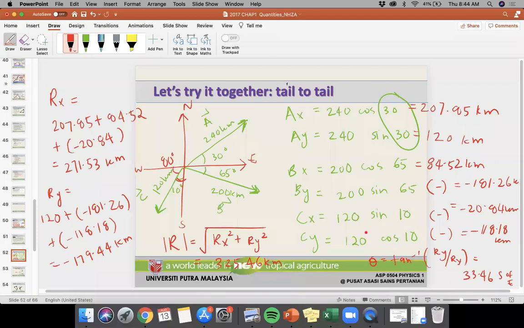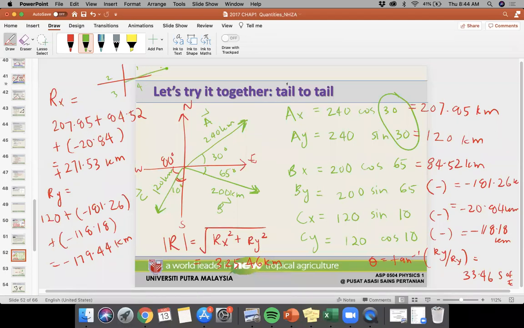Okay, so let's look back at our answer to see if it makes sense. Rx is in the positive direction and Ry is in the negative direction. If I were to draw this in the axes, which quadrant would it belong to?